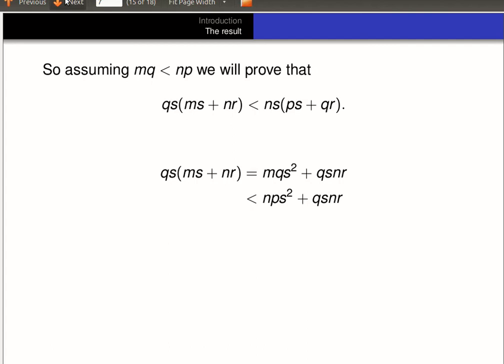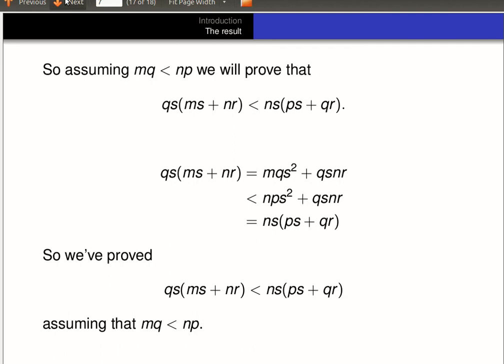So we'll get that mqs squared plus qsnr is less than nps squared plus qsnr. Now notice that both terms in that last sum have a factor of ns in them. So we factor that out, we get ns times the quantity (ps plus qr), and that's exactly what we needed to demonstrate, that qs times the quantity (ms plus nr) is less than ns times the quantity (ps plus qr).